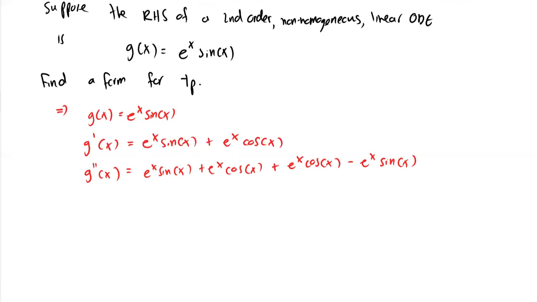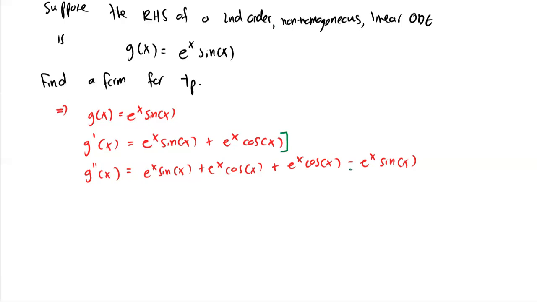Okay? Now, notice that the first derivative has terms e to the x sine x and e to the x cosine x. Think of what the derivatives of those two functions look like. The derivatives are always going to look like e to the x times sine x or e to the x cosine x up to a constant, right?